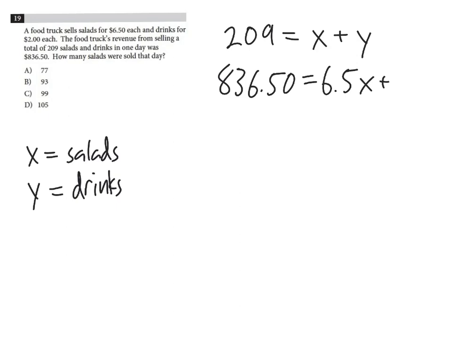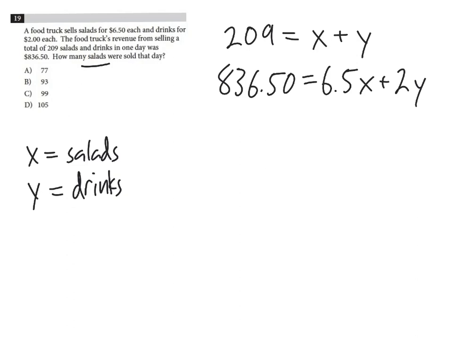And the revenue from selling drinks must be the number of drinks times the cost of a drink. So I have 6.5x plus 2y should equal $836.50.